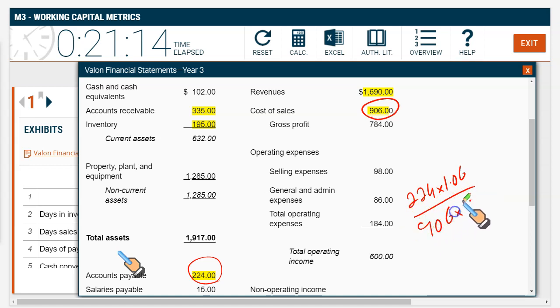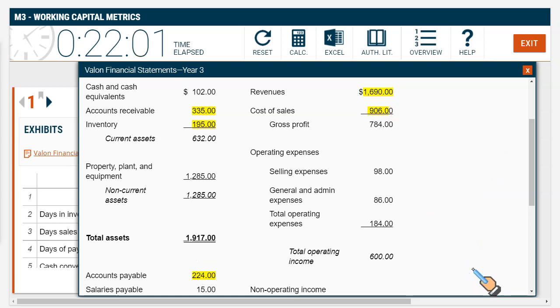So I'm going to multiply it with 1.05 and then with 365 in order to give you the result in days. So it's going to be 91.102, which is about 91.10 days. So this is your average payment period, or what you call days of payable outstanding, 91.10. So there you go, 91.10.